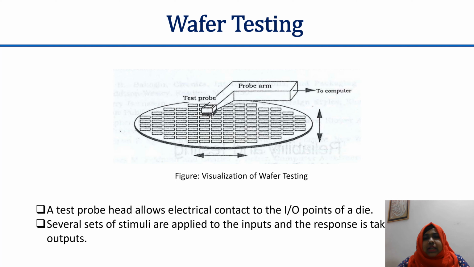A test probe head connects to the computer through the probe arm, and we apply different kinds of input stimuli such as current, voltage, temperature, pressure in the input, and then we take the output response and compare it to the standard one to check whether the wafer is properly synthesized or prepared or not.